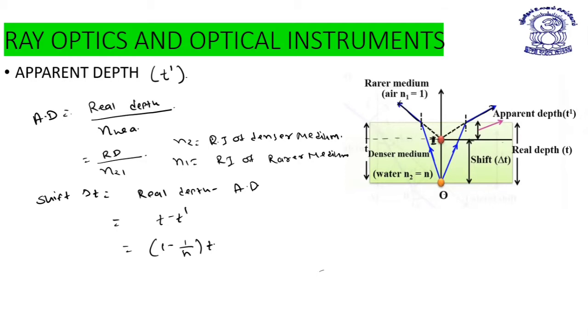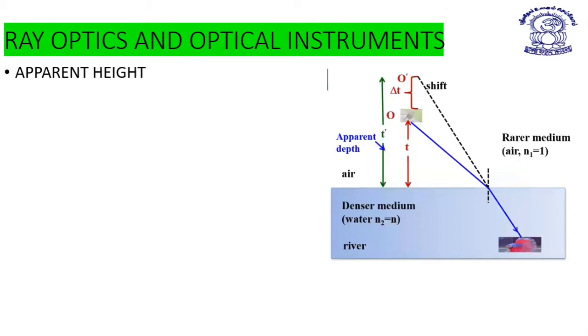Now, if we are observing from a denser medium, in the previous case the observer was in the rarer medium and the object was in the denser medium. But if the case is different, then there will be an apparent height.